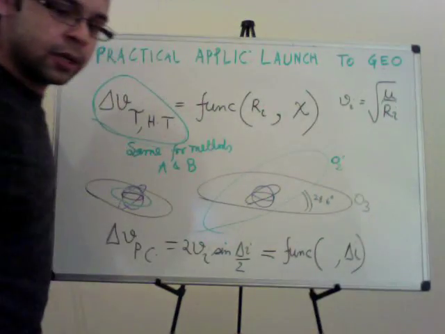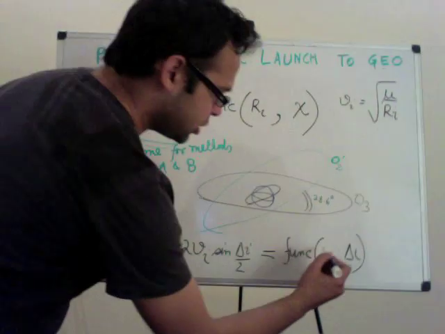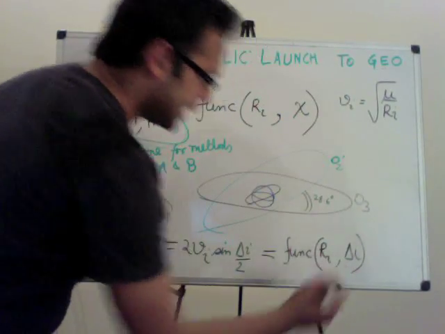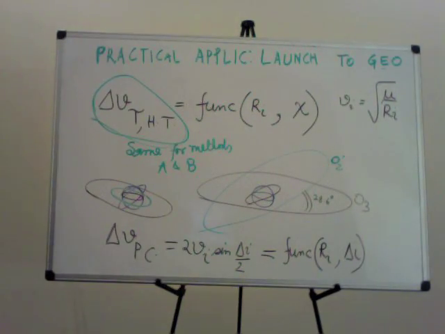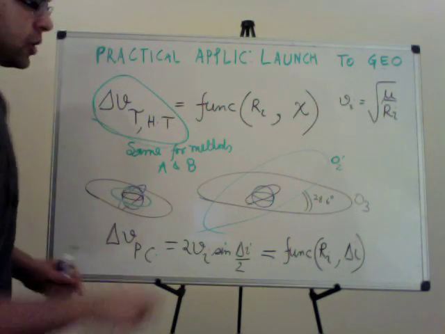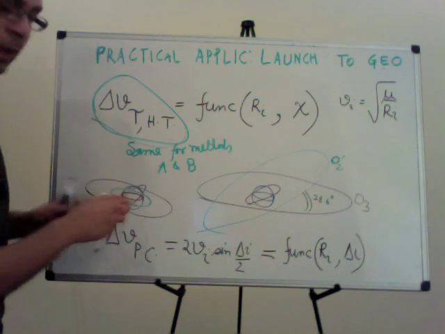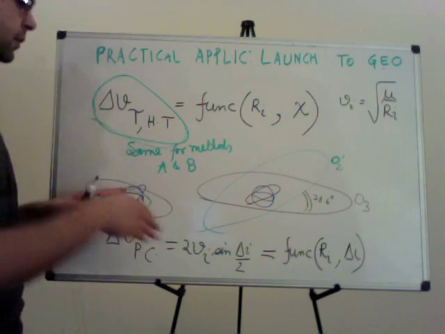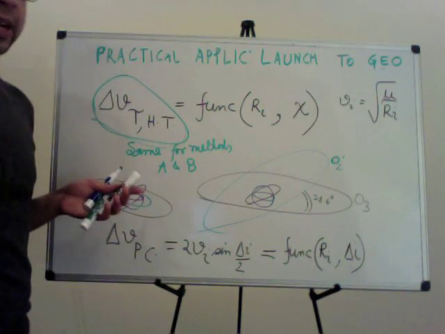So I'm going to say that delta V plane change is a function of Ri and delta I. Delta I in methods A and B are the same, because here I need a plane change of 28.6 degrees. Here again I need a plane change of 28.6 degrees.